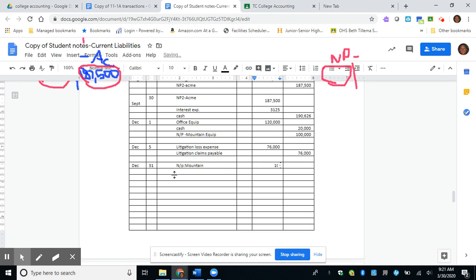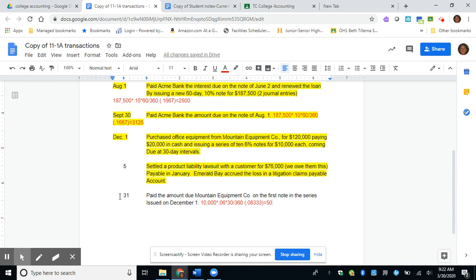It's going to be the first of the series of notes, which is $10,000. I'm going to pay more cash than that because I have to account for the interest. And we just figured out the interest is $50. So $10,000 and $50. The difference between the debits and credits is $50. So I'm going to call this one an interest expense. And now I can highlight this one off.